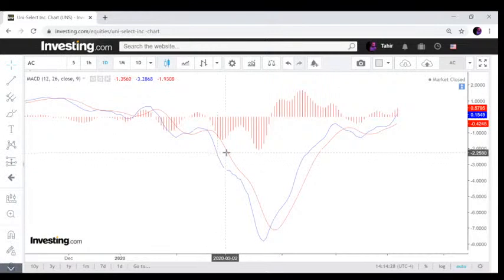I told you that these lines are nothing but the moving averages, or the difference of the moving averages, and then the average of the difference of the averages. Then we say the third component is convergence and divergence. This means how converged or how diverged these two lines are.